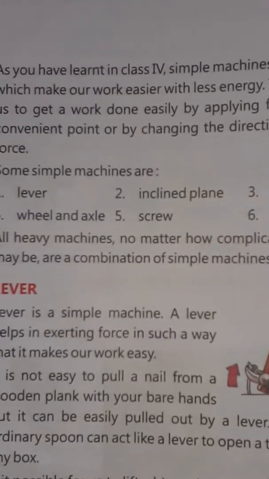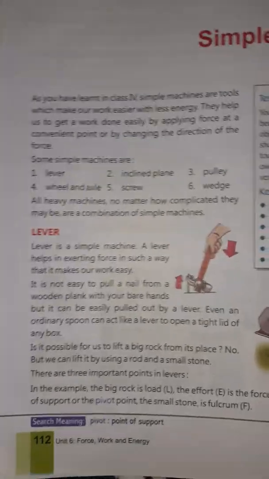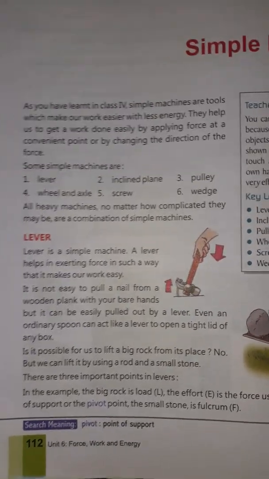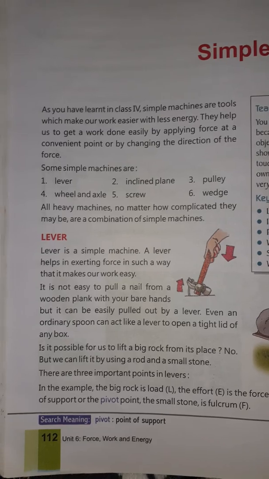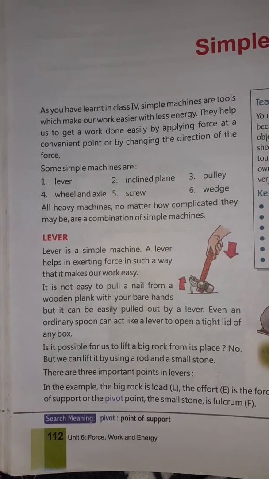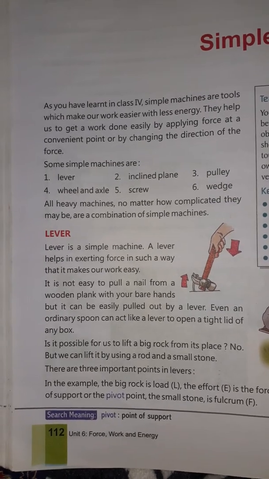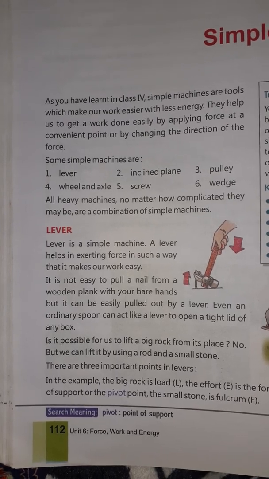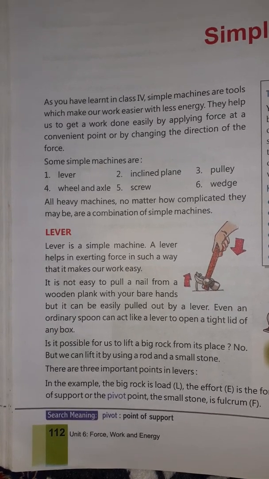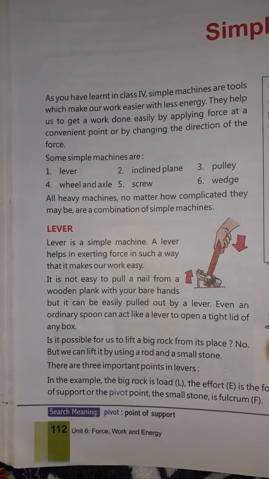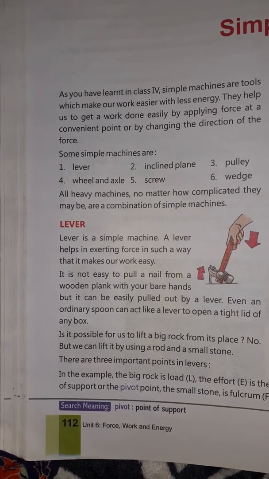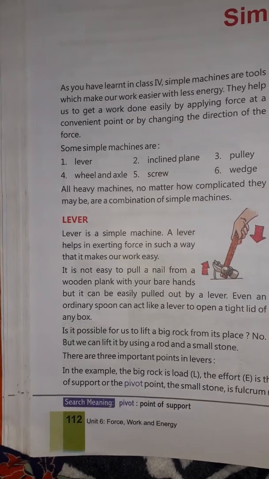Any thing or any tool which we use for making our work easier is known as a simple machine. Even a simple spoon used to open the lid of a box kept in the kitchen acts like a simple machine.